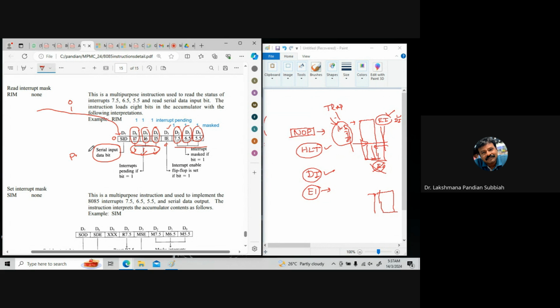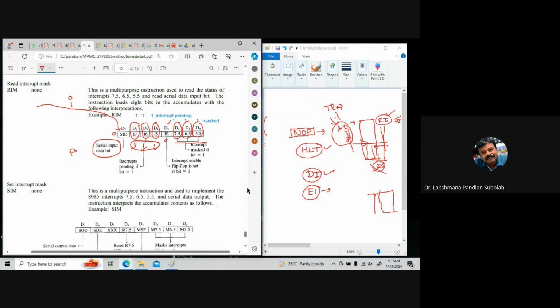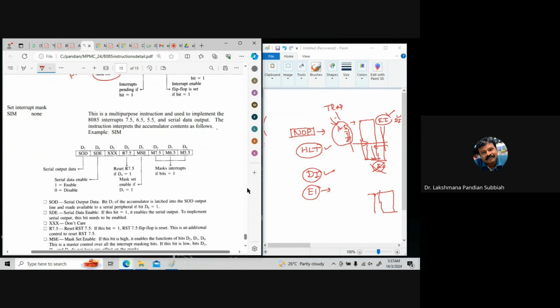Then we can change the interrupt mask using the next instruction called SIM, set interrupt mask, right? Here we have mask interrupt. If you make a bit 0, that interrupt is allowed.